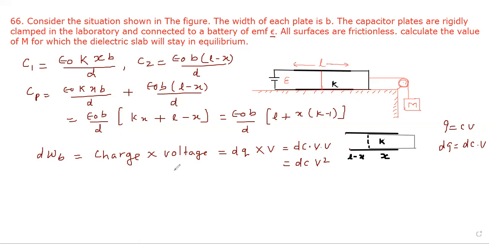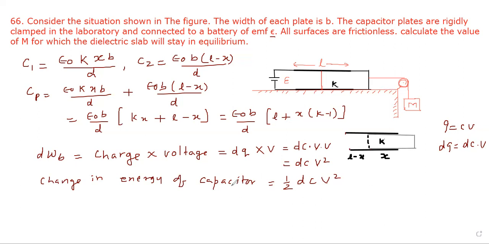So this is the work done by the battery. Now the change in energy of the capacitor will be equal to 1 by 2 dC V squared.